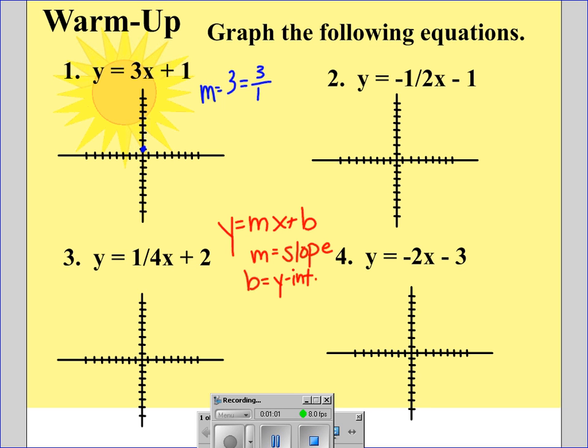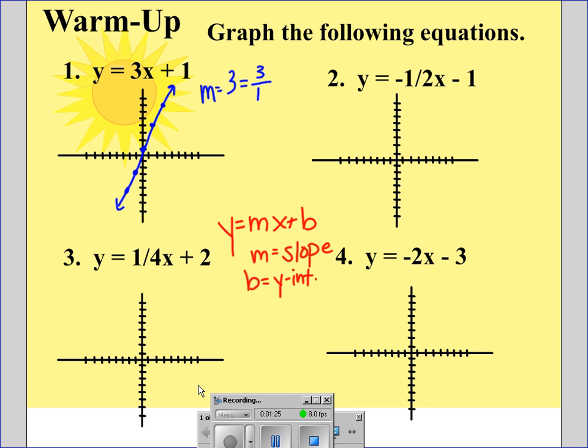So we go up 3 and over 1, and we continue to go up 3 and over 1, or we can go down 3 and over 1 to continue our line. So this is our line of 3x plus 1.